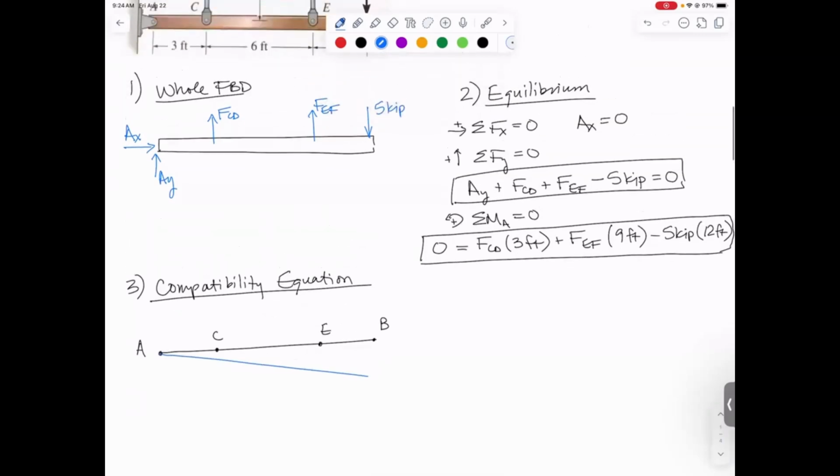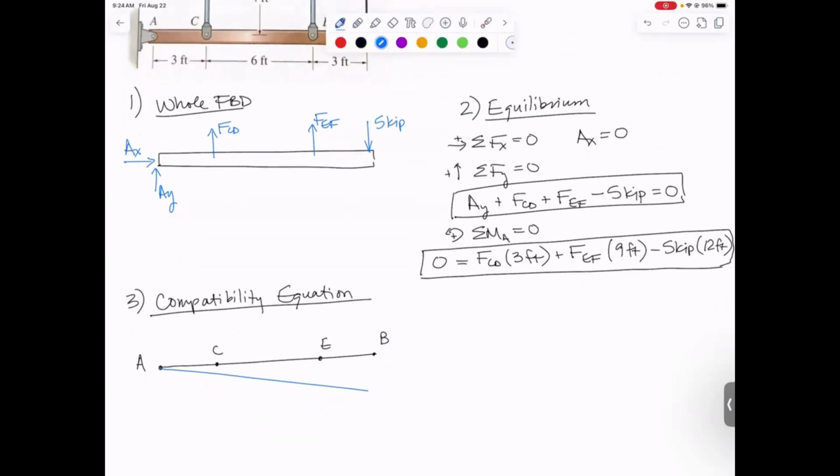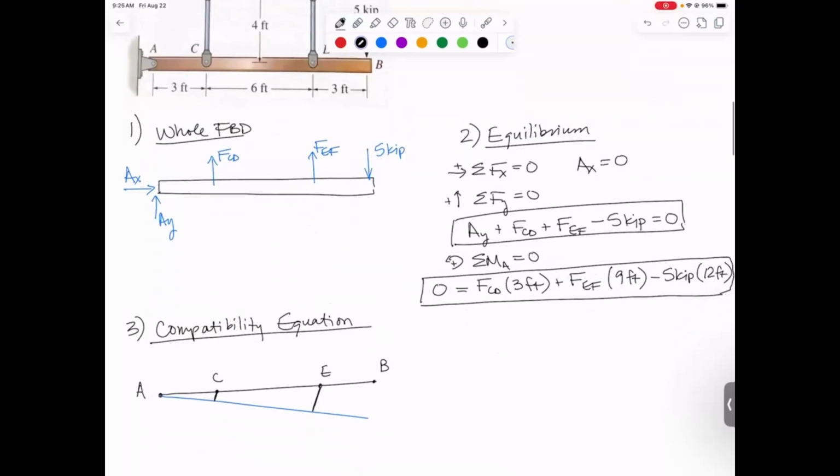If we assume that this bar is completely rigid, then because of that rotation, these points aren't going to go straight down. They're going to move both down and back a little bit. So we typically use small angles here and approximate things. So we're going to say that right there is my length change of member CD. Right there is my length change of member EF.